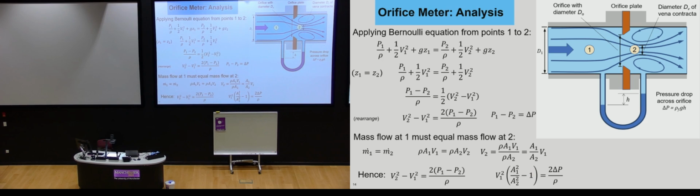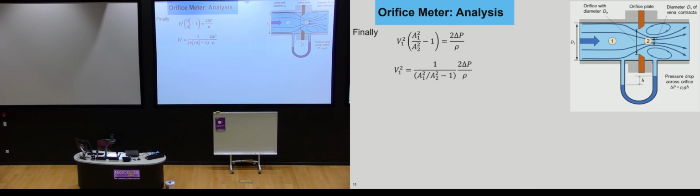Still quite a simple equation, to be honest. We're going to rearrange that one more time in order to get a nice expression for the velocity V1 in terms of the pressure drop across the orifice. I'm just rearranging this equation here, dividing through and taking this onto the right-hand side.